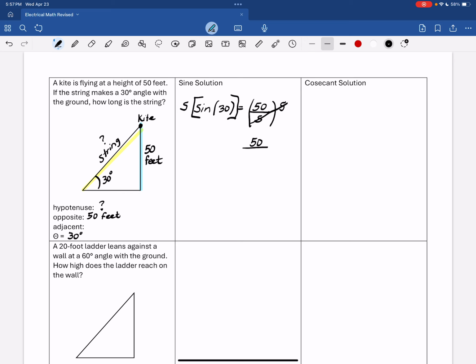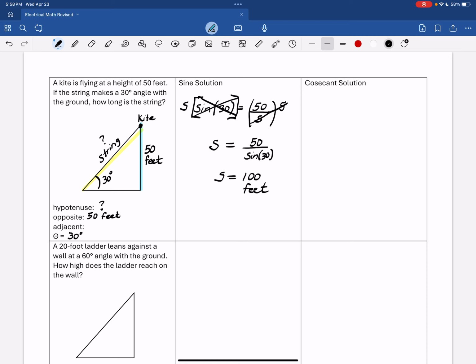And then I'll have to divide both sides by the sine of 30 to move it away from s here. So s equals 50 divided by the sine of 30. And that is going to be an even answer of 100 feet. So the kite string is 100 feet long.